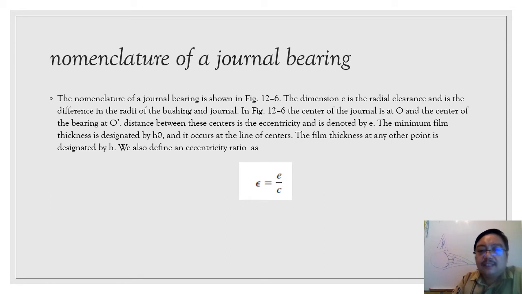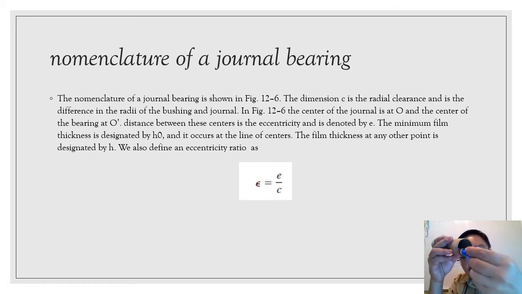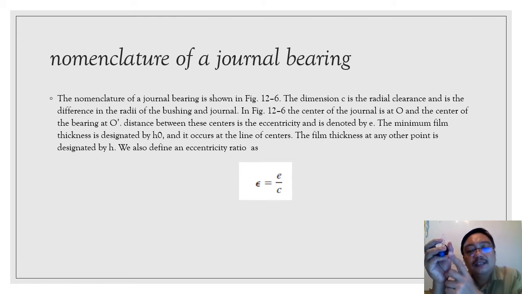Okay, this slide wants to tell about the eccentricity, meaning that according to the Petrov equation, there is a video on the Petrov equation. The Petrov equation says to assume that the journal is concentric with the bushing. The coordinates of the bushing and the coordinates of the journal at the 0, 0 position are concentric, meaning the same location.